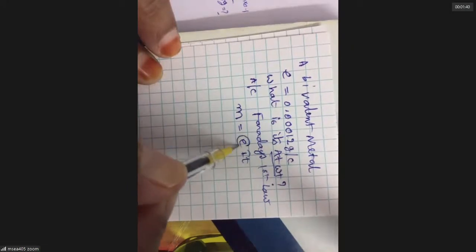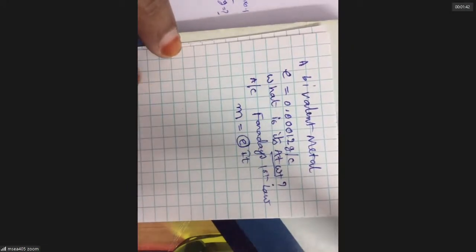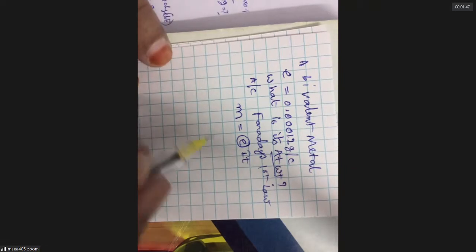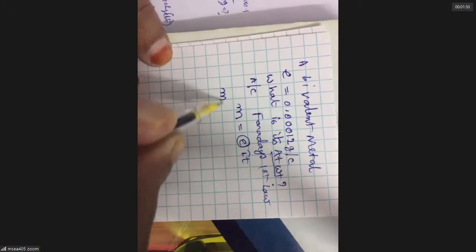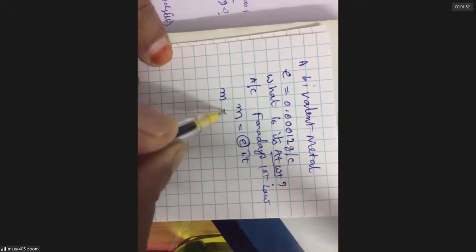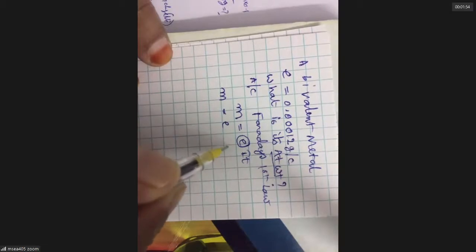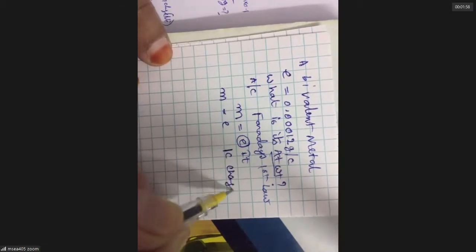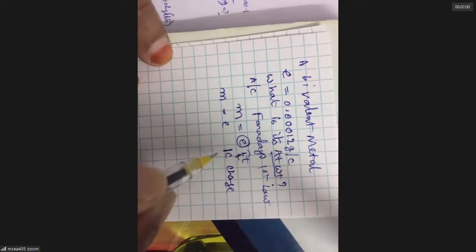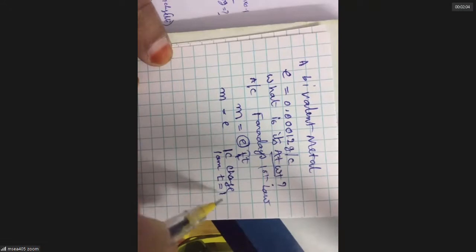In that, E is the electrochemical equivalent. It tells us the mass of the element produced for 1 coulomb charge, where I is 1 ampere and time is 1 second.